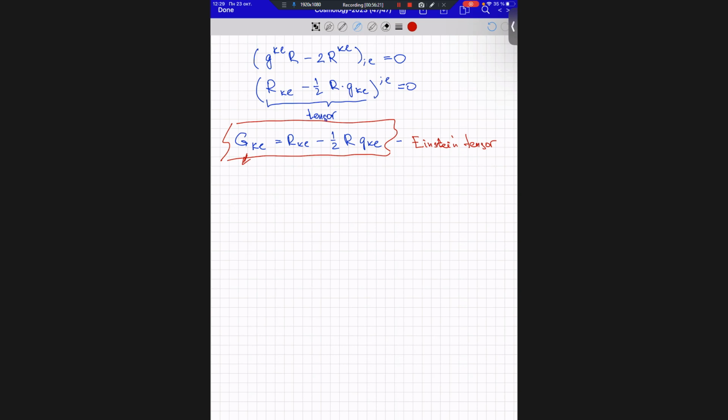I only want to say that Einstein spent a lot of time to obtain the equation of the gravitational field, and he wrote in his letters to his friends that this is much more complicated than special relativity. This is due to the fact that he didn't know this second Bianchi identity.